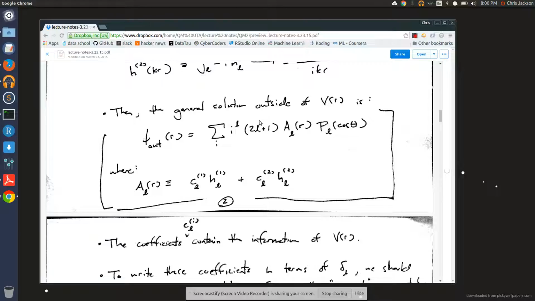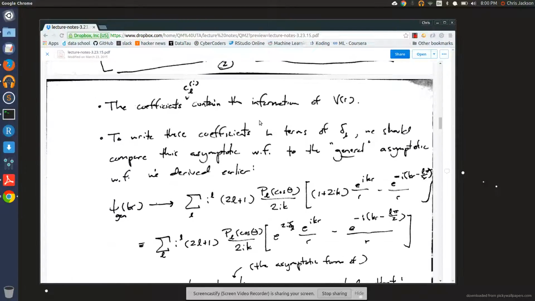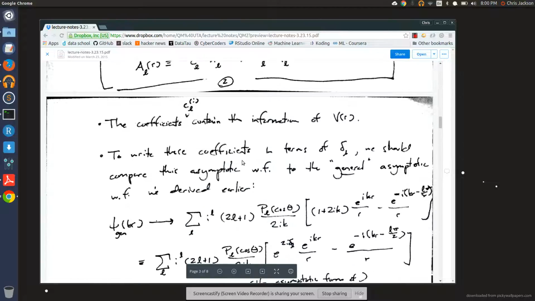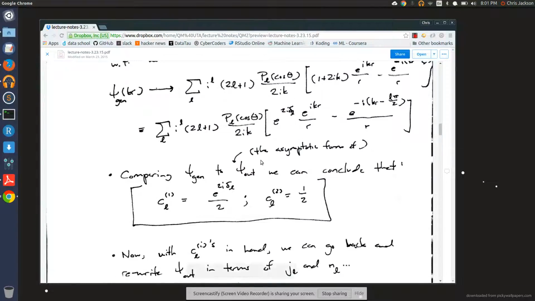If I compare the two expressions and take the limit as r goes to infinity, I find that these coefficients take a very simple form. And this is the whole reason we made that switch from the Bessel and Neumann functions to the Hankel functions, because it makes this part of the analysis a lot easier.